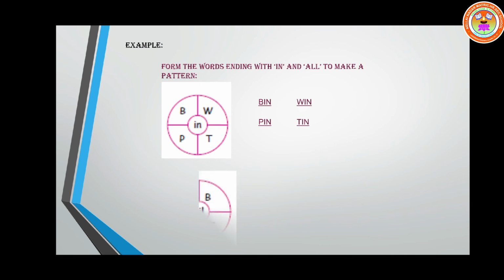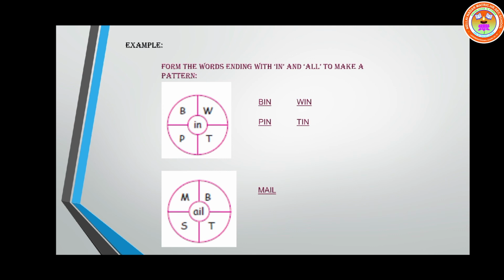Yes. Similarly, AIL. I have to form words using AIL as the ending letters. M will be the first. If I add M with AIL, what is the first word I'll get? Mail.